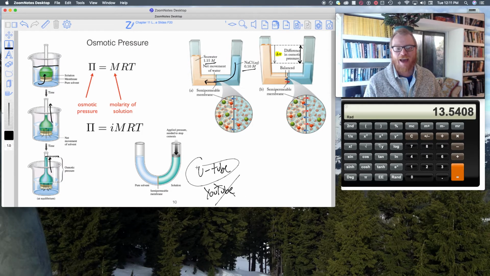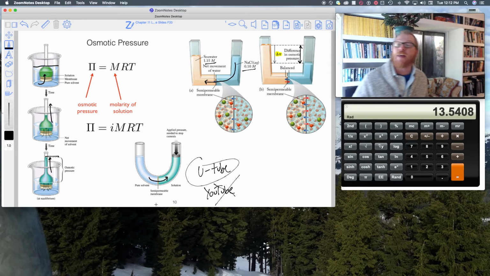We're not talking about that. I'm talking about this. So again, another way we can think of osmosis is if we have this U-tube with the membrane, and we have pure solvent on one side and a solution on the other side, we know that this pure solvent is going to want to migrate over to the solution.